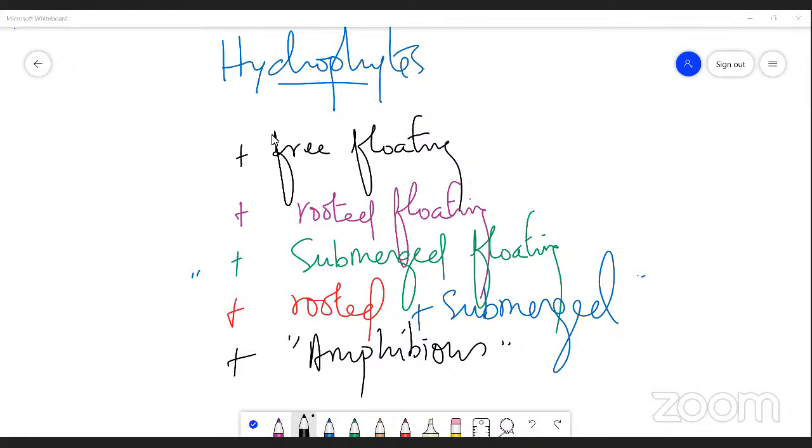My dear students, do you understand about the free floating hydrophytes? Students, am I audible? Yes, sir.